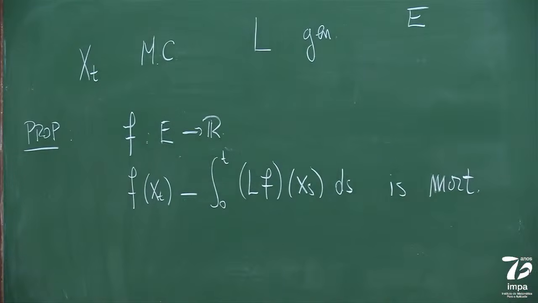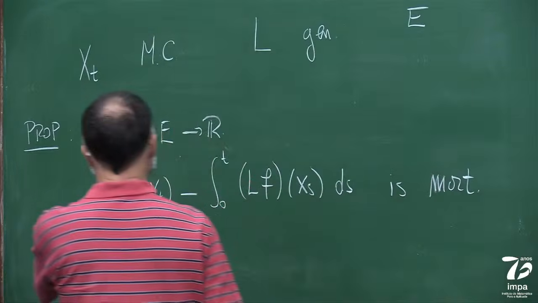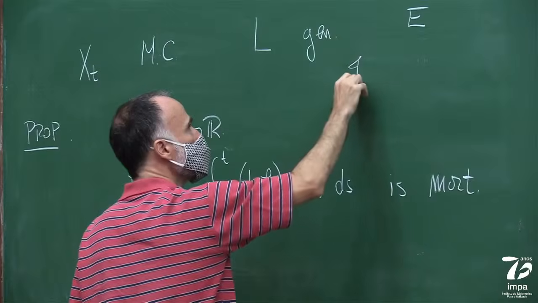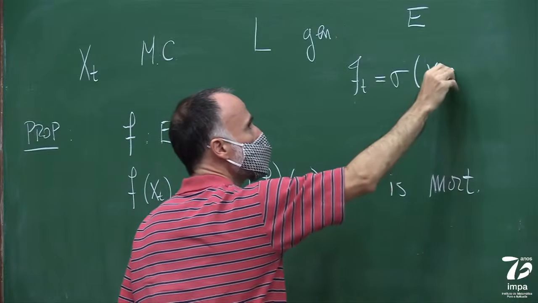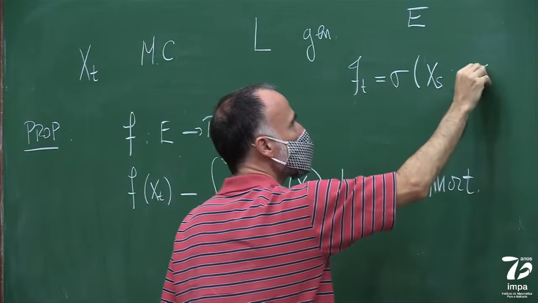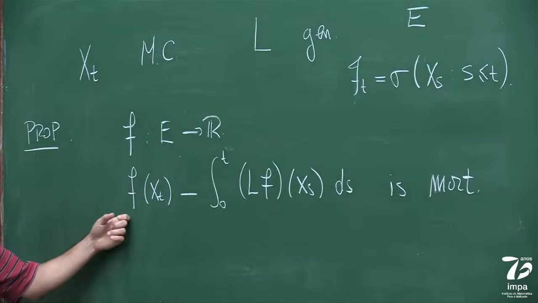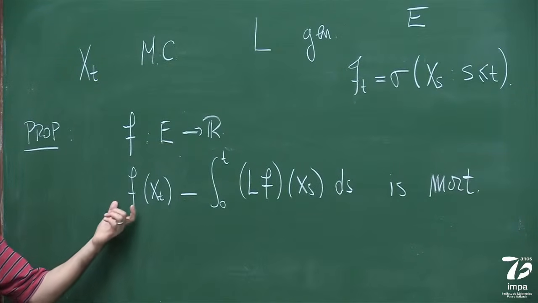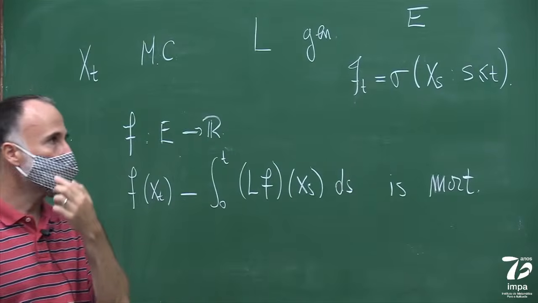Okay, so let me prove this first result. So let's go back to the definition. Here, what is the filtration I'm working with? Well, the filtration Ft will be just the sigma algebra generated by Xs for s less or equal than t. So it's clear that this variable is Ft measurable. Since we are working in a finite state space, f is bounded, so it's clear that this object is also bounded and therefore integrable.